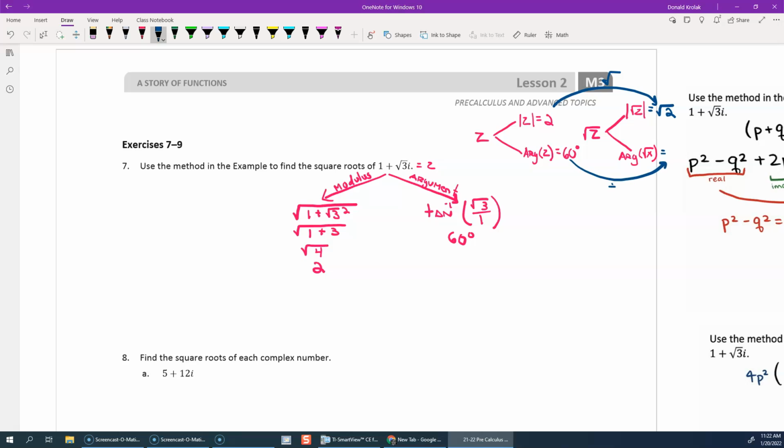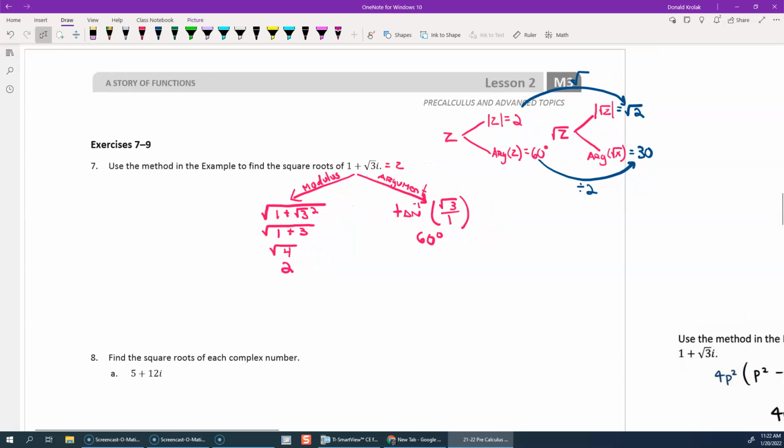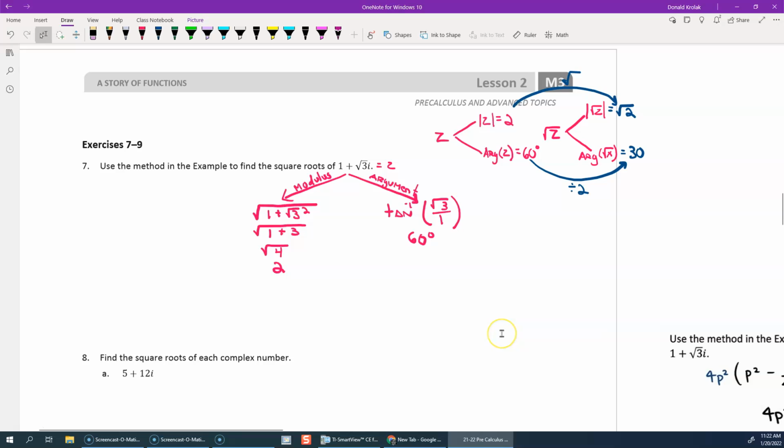Divide by 2. Okay. So we take the square root of this, and this one divide by 2.